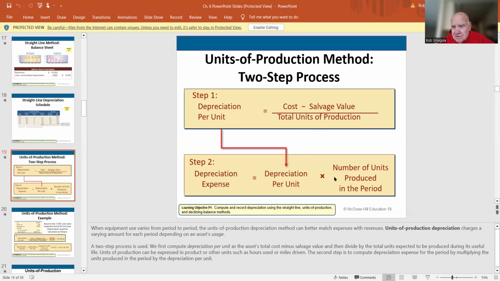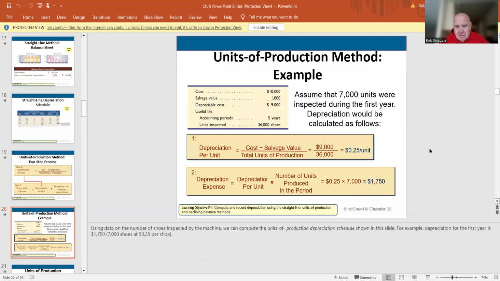You're going to take the actual units when they take place and multiply them by the depreciation per unit. Let's see if this makes it a little easier. Assume that 7,000 units were inspected during the first year. Here is our history. We start off with the book value of 10,000, minus the salvage value, which we do not depreciate.